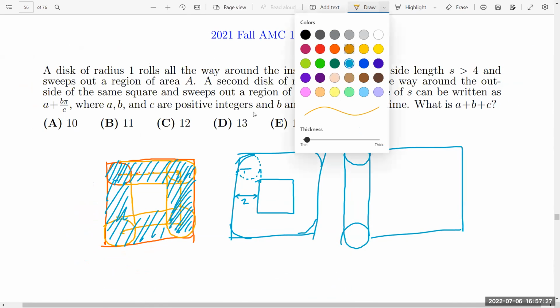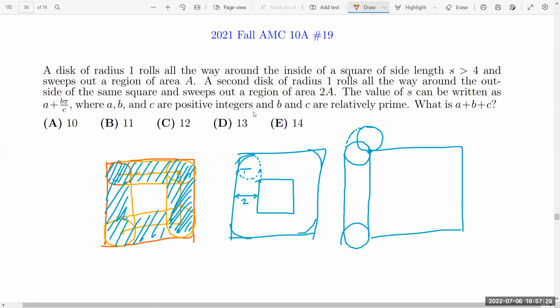If you imagine fixing this point and rotating our circle 90 degrees this way, that gives us a big quarter circle here. It has radius equal to the diameter of this disk of radius 1, so it's 2. It just goes around like this, so it looks something like this. So this is the area 2A.